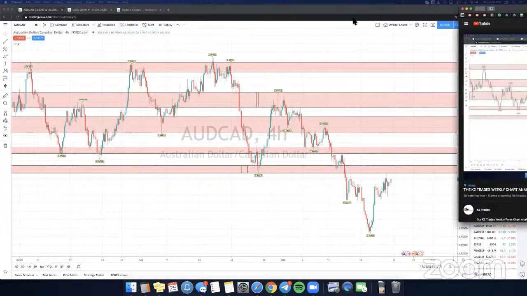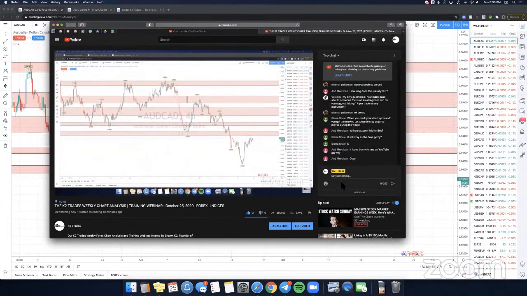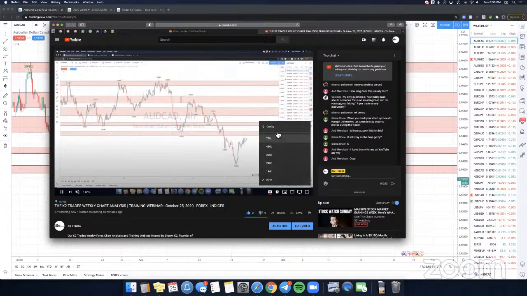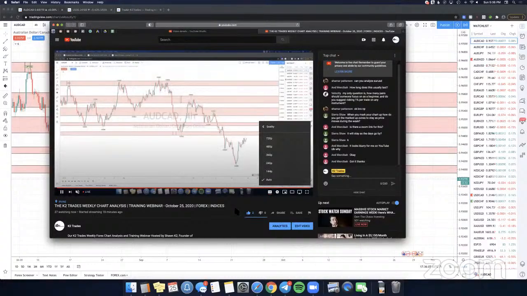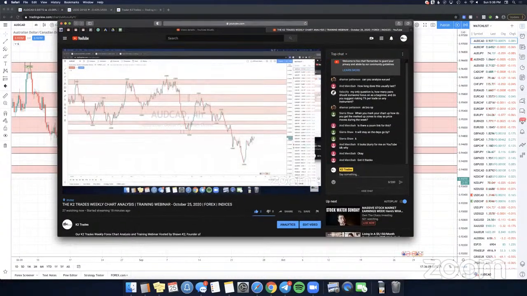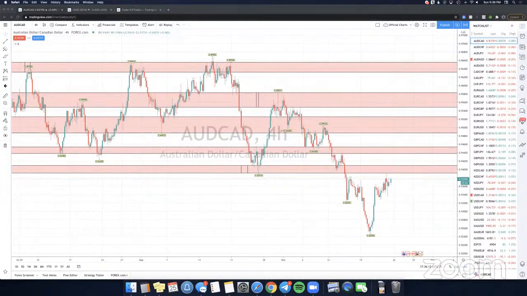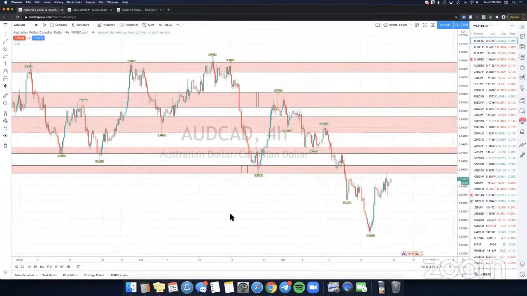So if you're on the YouTube, just click on this right here, click on the settings, then click on the quality and put it on the highest one, which is 720, or it might be 1080p for you, depending on your internet connection. Does anyone else have an issue? If you guys have issues, can you say something so I can make sure? Because I don't think we've had this issue before, and I want to make sure we can fix it for future recordings.